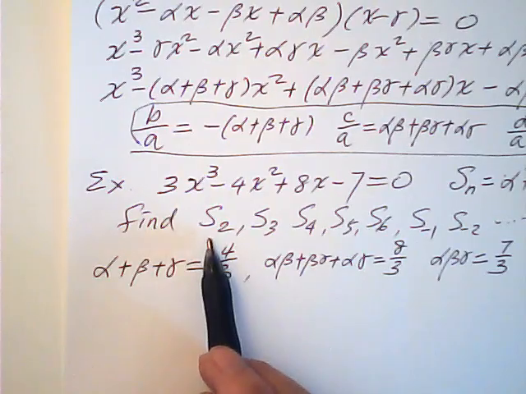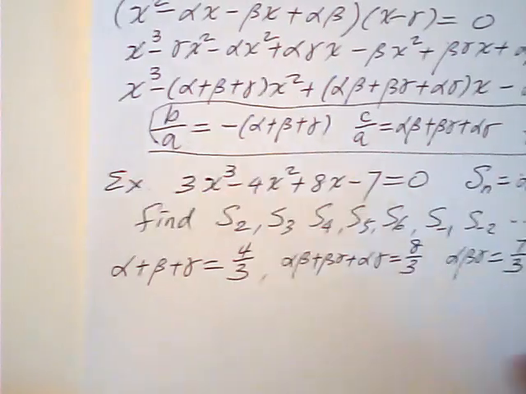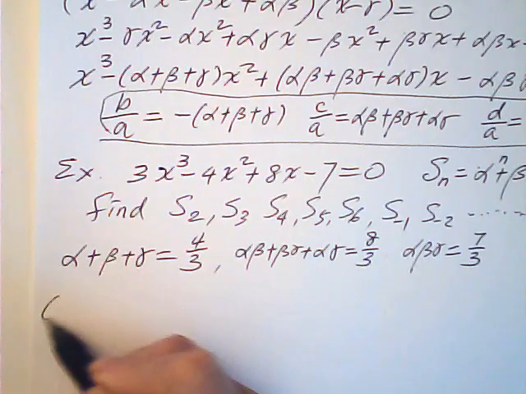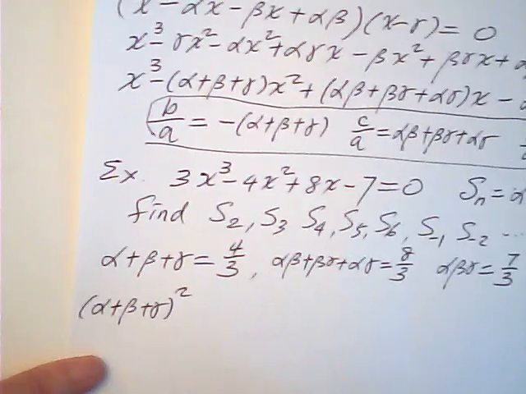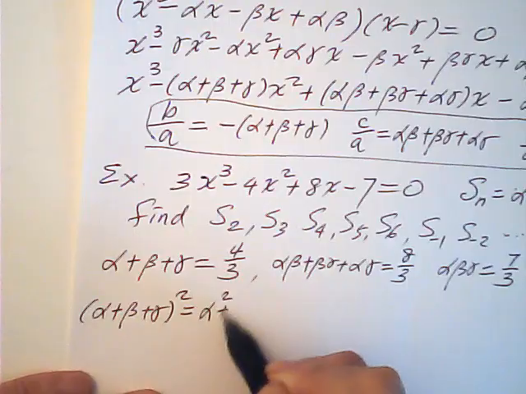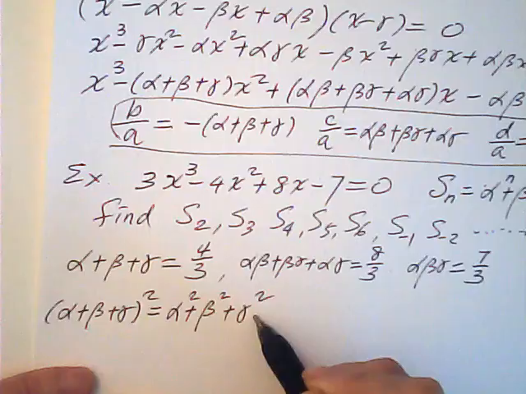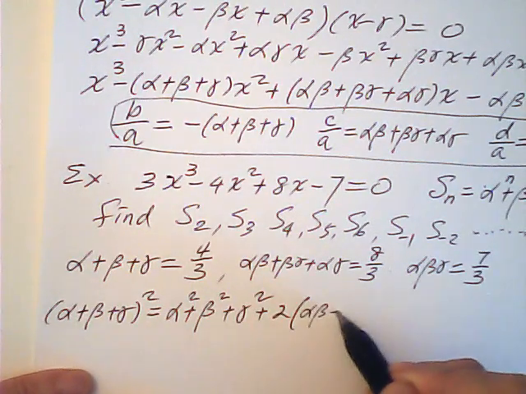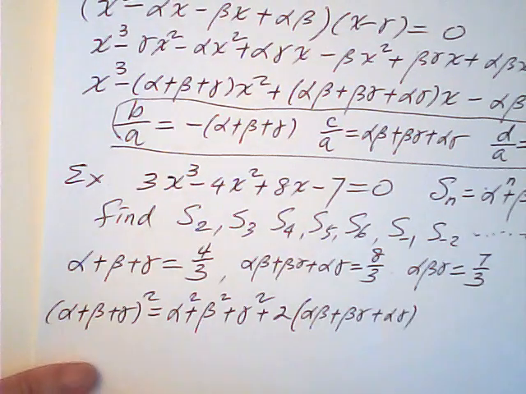Now let me start with S2. Well, how do we find S2? This is the way, okay? Alpha plus beta plus gamma, squared, is equal to alpha squared plus beta squared plus gamma squared plus 2 times alpha beta plus beta gamma plus alpha gamma.